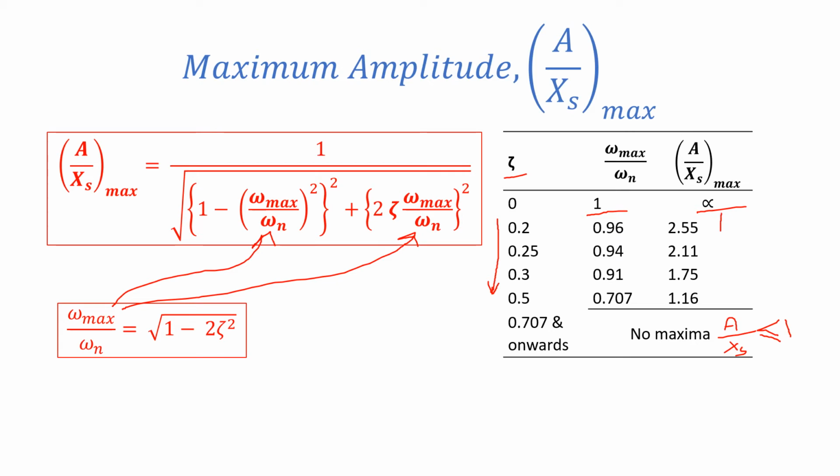Maximum amplitude is decreasing, say from 2.55 to 2.11 to 1.75 and 1.16, and this tells that the maximum amplitude position we are arriving at earlier, at lower frequencies. As we are increasing damping, the maximum amplitude is shifting to the left. We are getting it at an earlier frequency of external excitation.